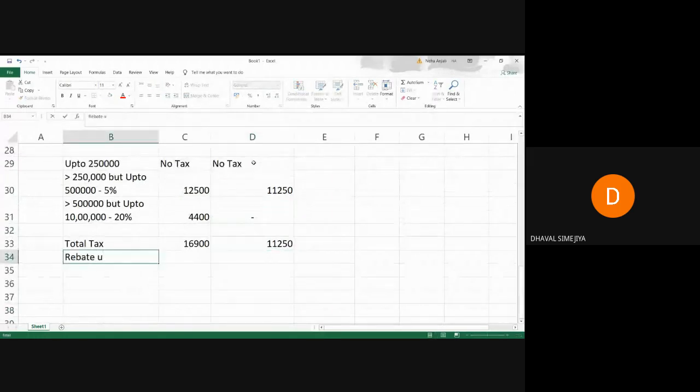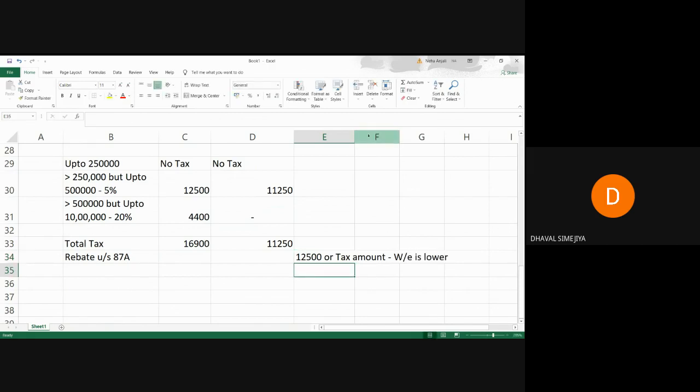under section 87A, and that will be 12,500 or tax amount, whichever is lower.